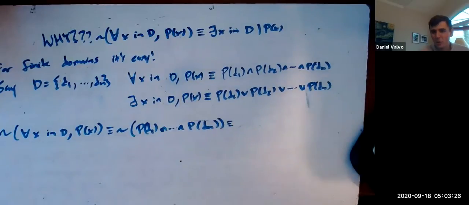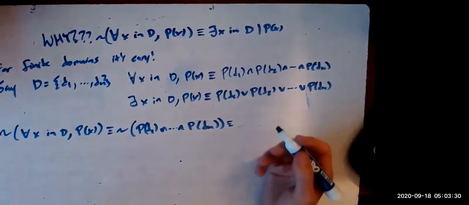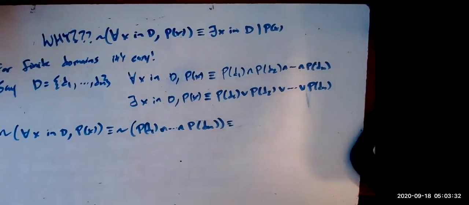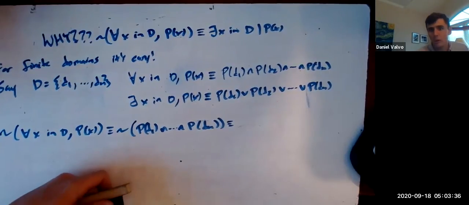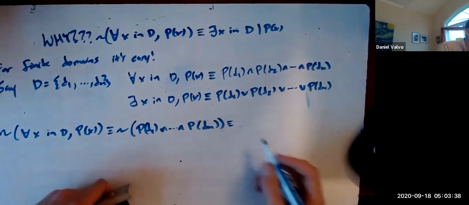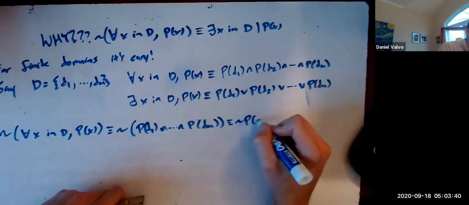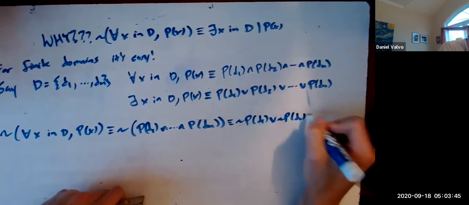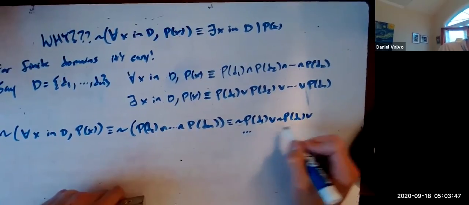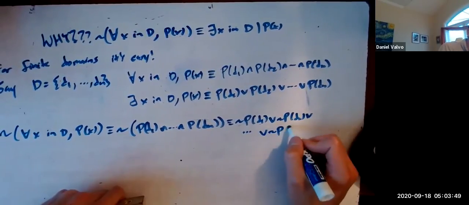That one guy with a weird name had a good law about it. De Morgan's law, exactly. You use De Morgan's law, and this is not a formal proof, because De Morgan's law we always use with two things, but you can prove it works for more. If you do this for and, you get the negation of P of D1, or the negation of P of D2, or, all the way out to, or the negation of P of Dn.